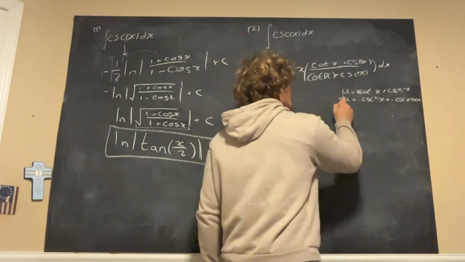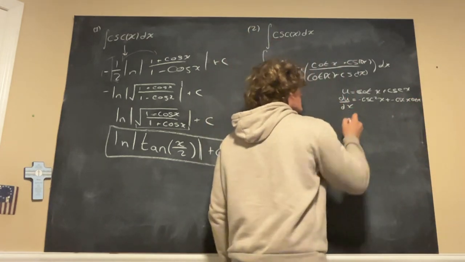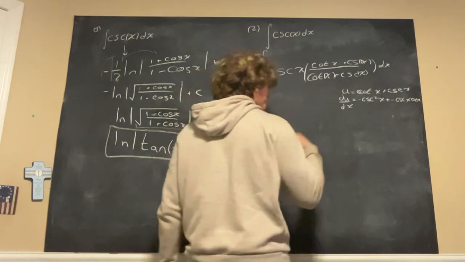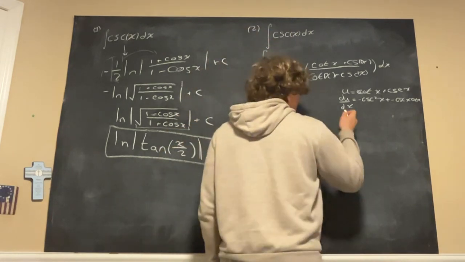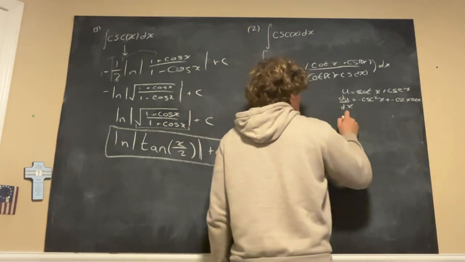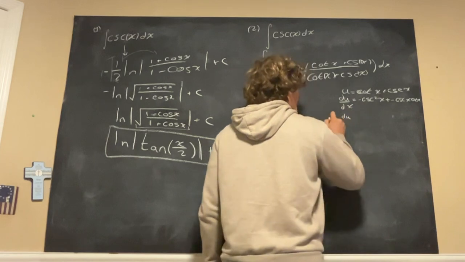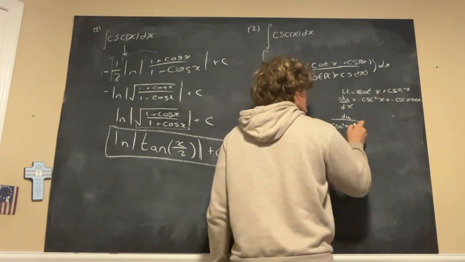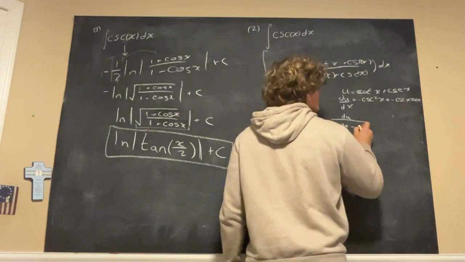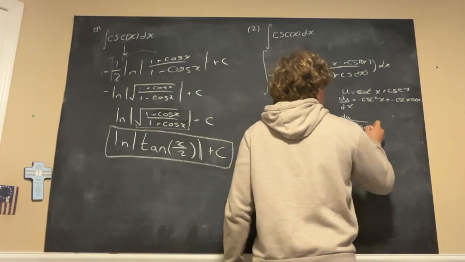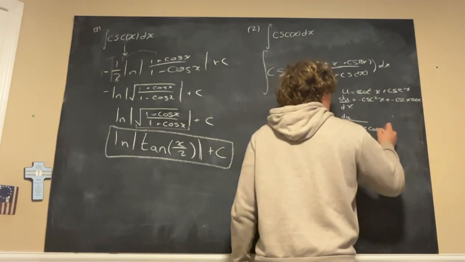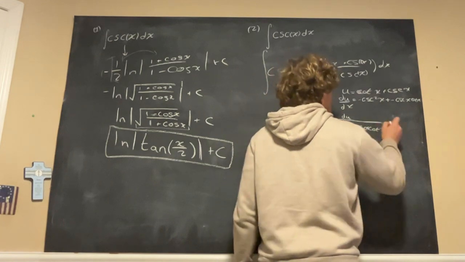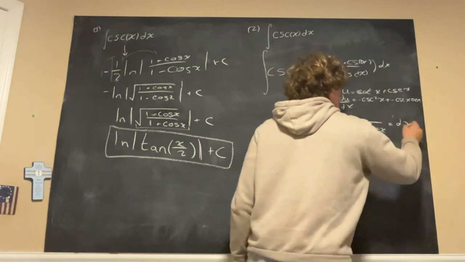So this is our du over dx. If we solve for our dx, we get du divided by negative csc squared x minus cscx cotangent x equals our dx.